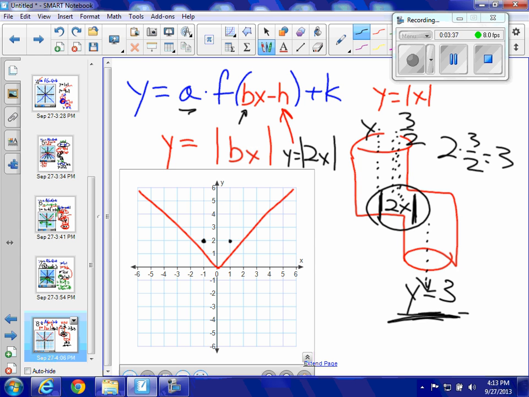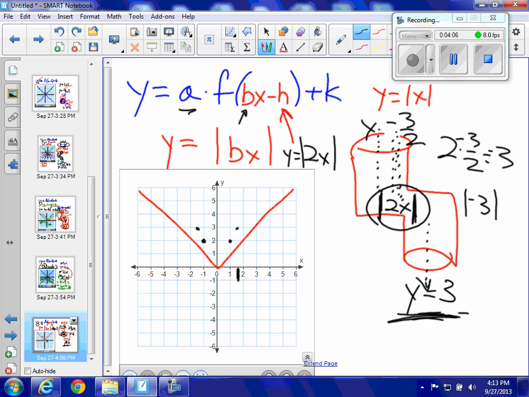So at x equals 3 halves, I would have the value of 3. And that's going to work also for negative 3 halves, because 2 times negative 3 halves is equal to negative 3, but the absolute value of negative 3 is also equal to 3. So at 3 halves, I get 3.